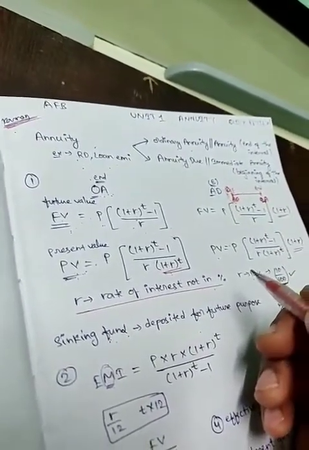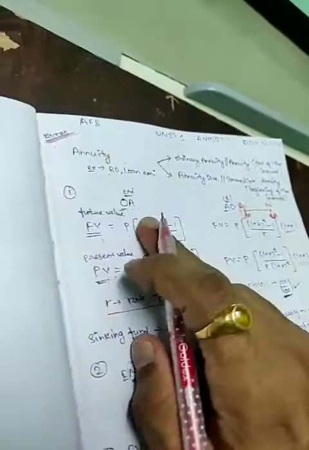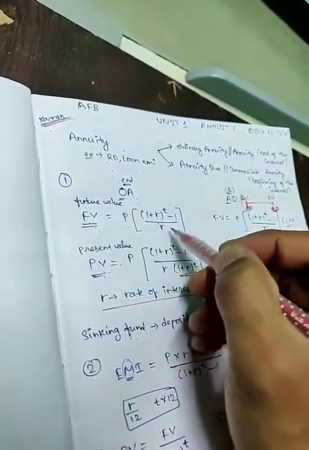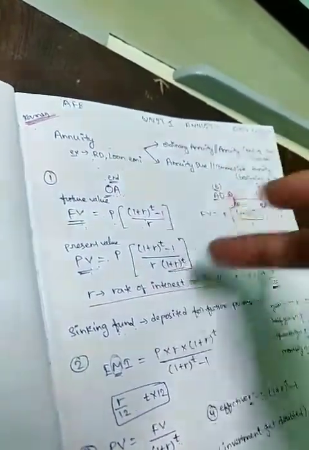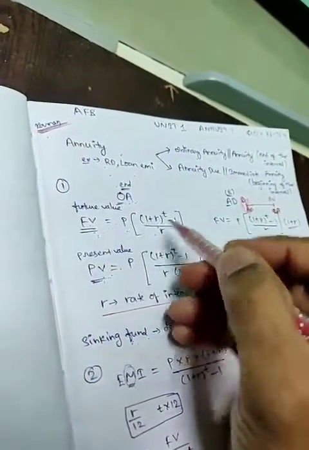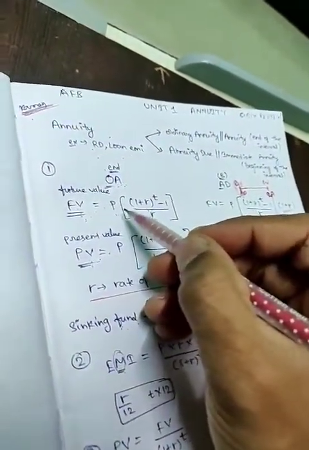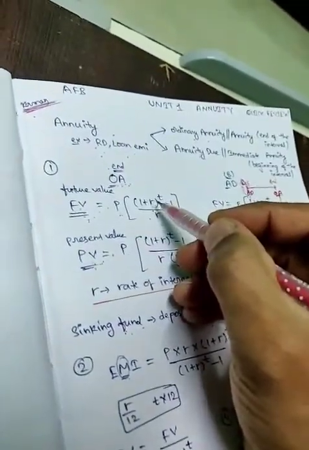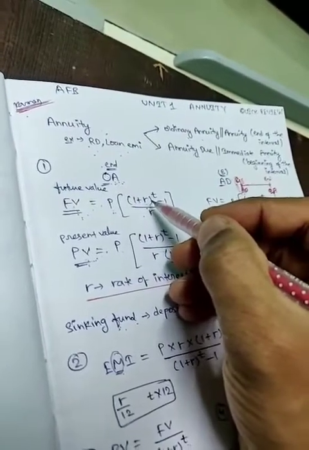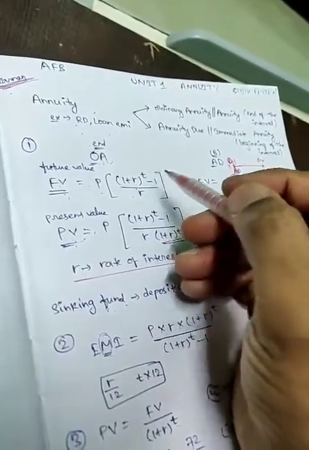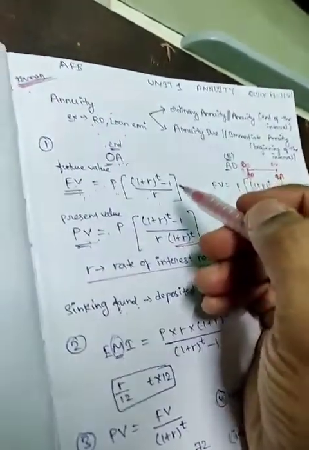Now we will go through the formulas for ordinary annuity and annuity due. The ordinary annuity future value formula is very crucial, and with this we can derive other formulas too. It is P into (1 plus R) whole power T minus 1, divided by R. P means the principal or the amount which we invest, R is the rate of interest, not in percentage, and T is the time period, either monthly, quarterly, half yearly or yearly.